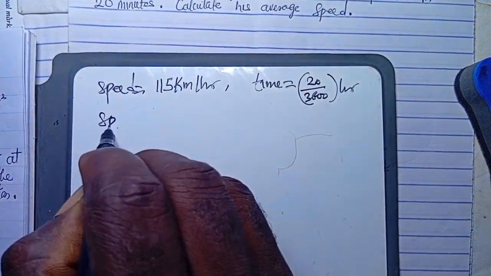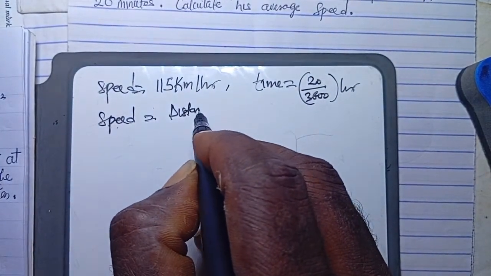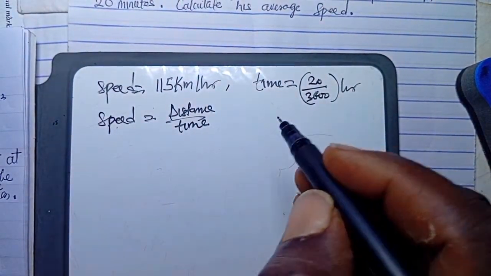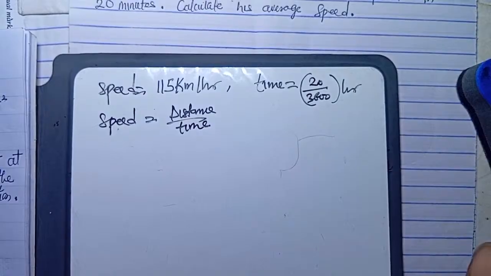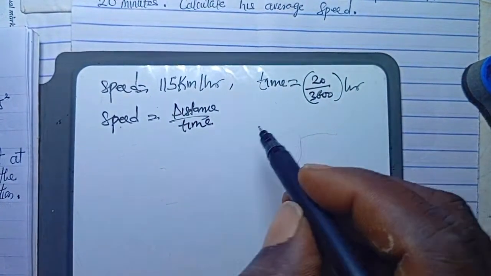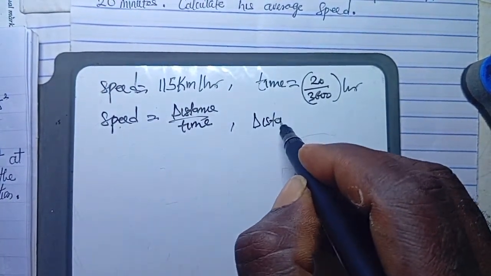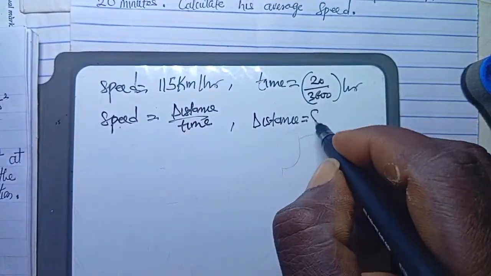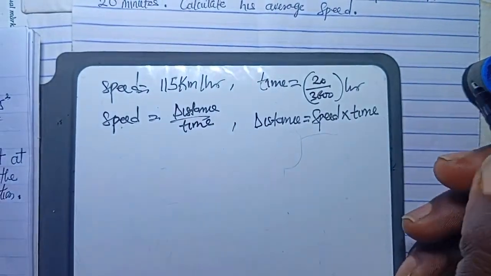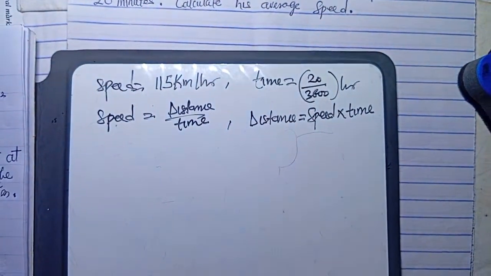Remember that speed is equal to distance over time. So by cross multiplying, we have distance is equal to speed multiplied by time. That is it. Distance is equal to speed multiplied by time.